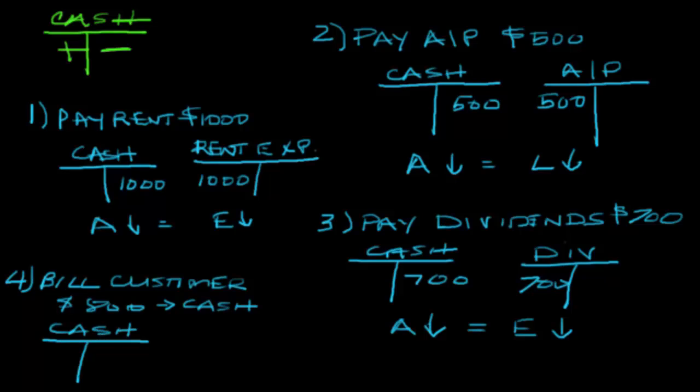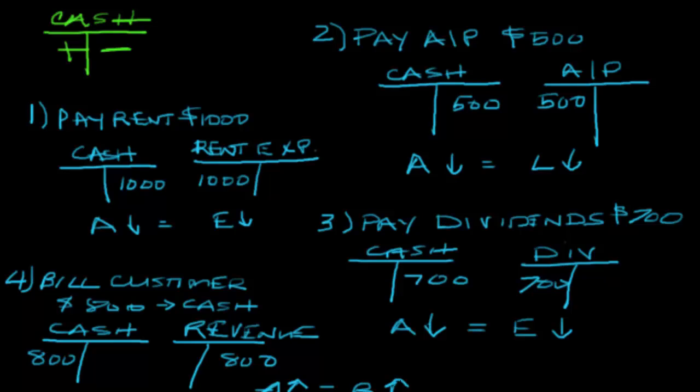So because we've recorded a debit, we must record the other side of the entry with a credit. In this case, we know that revenues increase with credits, so we record a credit to probably consulting fees for $800. And debits equal credits, and it's hard for you to see here, but assets increase and equity increases because revenues have increased.